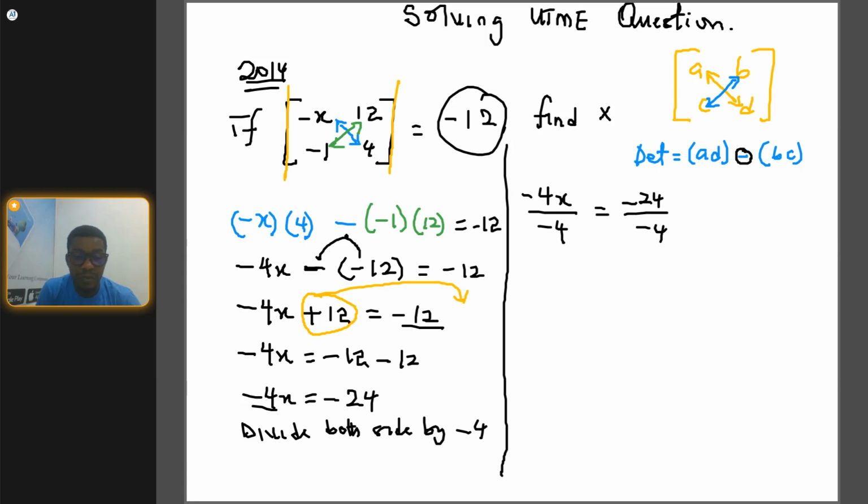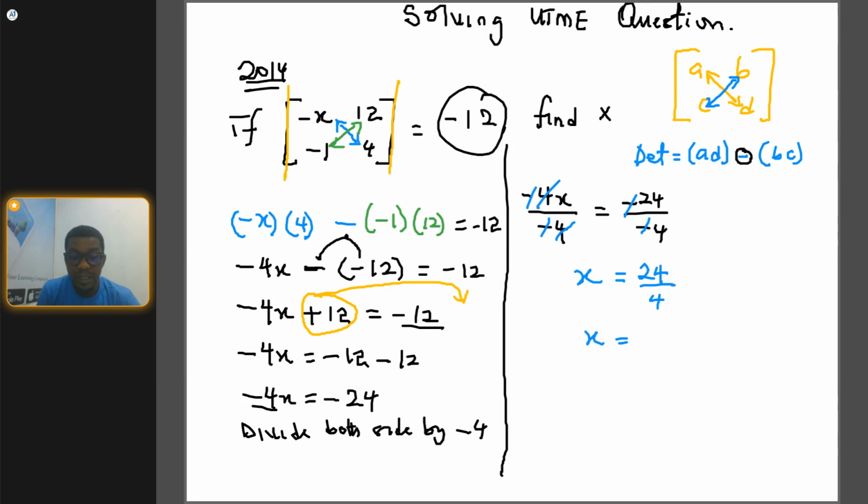Minus cancels minus, 4 cancels 4, and we have x left. x is equal to 24 over 4. By dividing this, the answer should be 6.